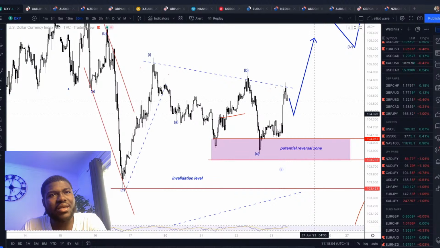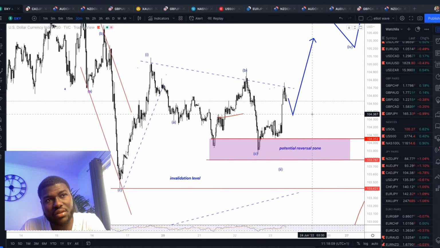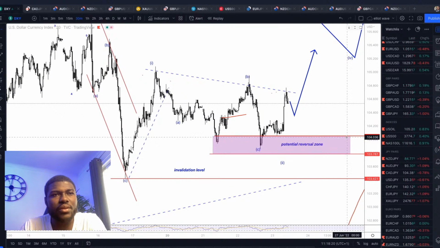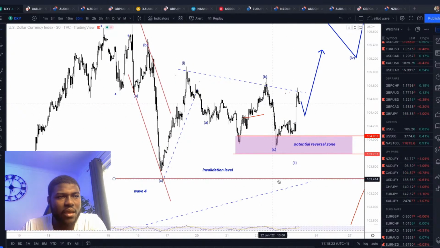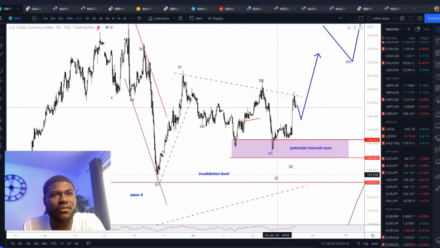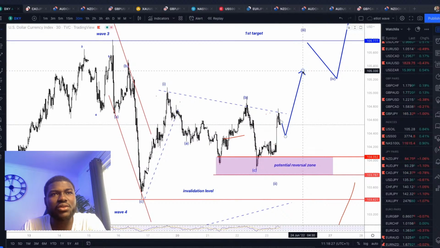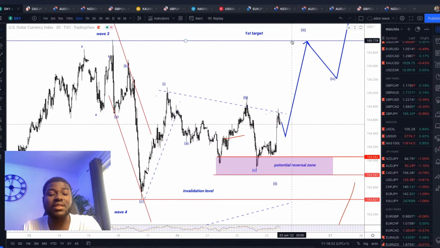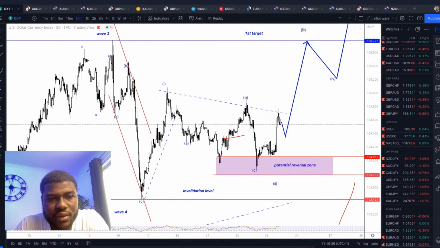If you are not in this trade already, depending on your risk reward ratio, just wait for any reversal confirmation around here. Pick your buy position there, and your stop loss will be somewhere here. That's the correct invalidation level, because the target for this trade is up here, 105.779. So that's that for DXY.